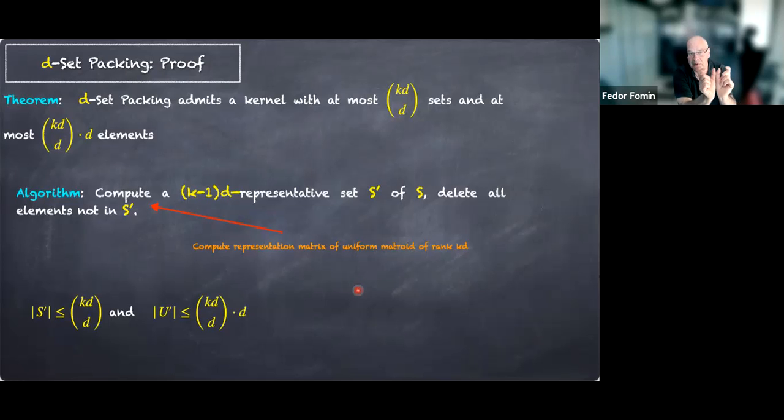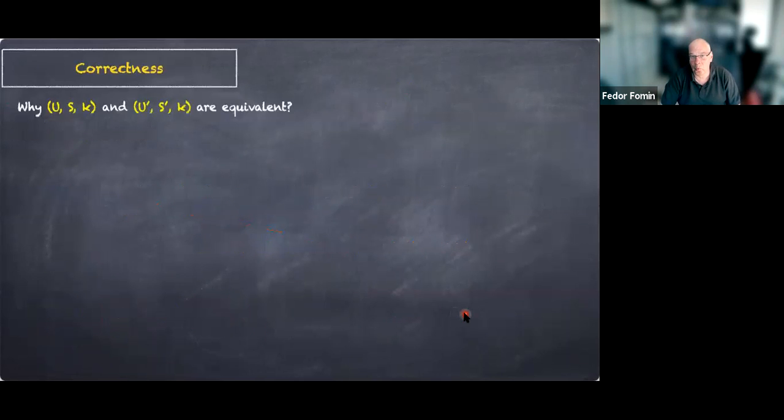So the total number, by our theorem, of the cardinality of the representative sets is then (k minus 1) times d plus d, so this is k times d choose d. And because every set contains at most d elements, the total number of elements in U prime is at most this number.